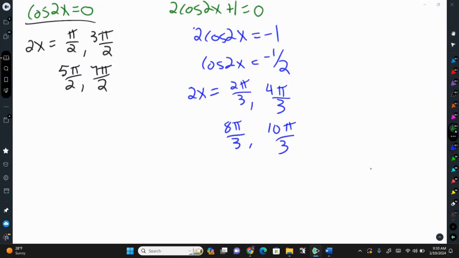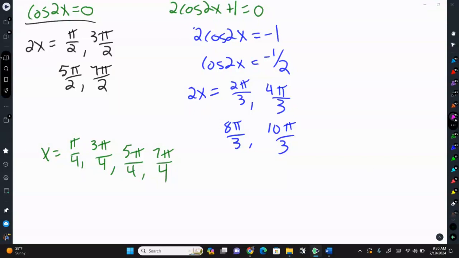So over here, it's going to be pi over 4, 3 pi over 4, 5 pi over 4, and 7 pi over 4. And then for this part here, now when we multiply by 1/2, it is going to simplify some of the fractions. So I'm going to do those in my head.